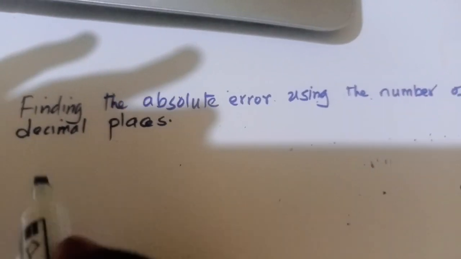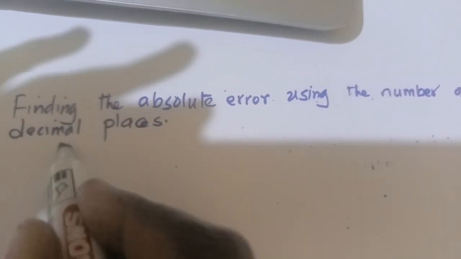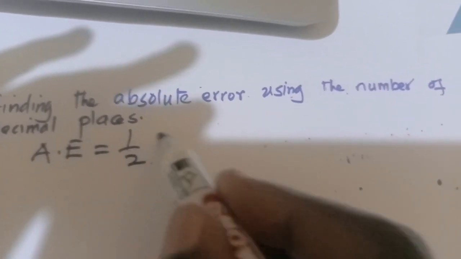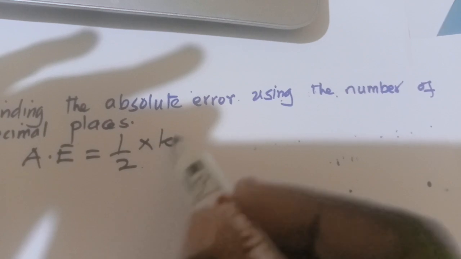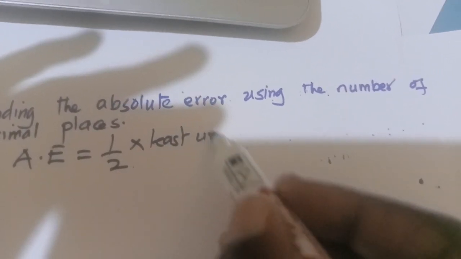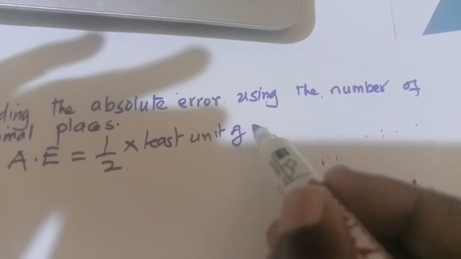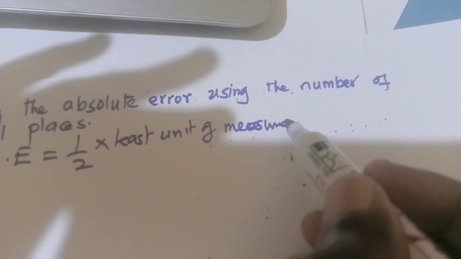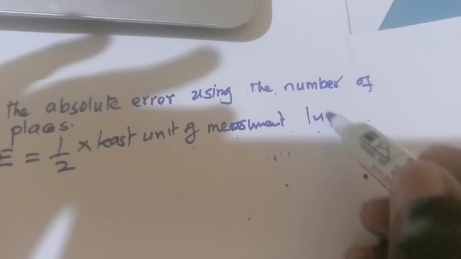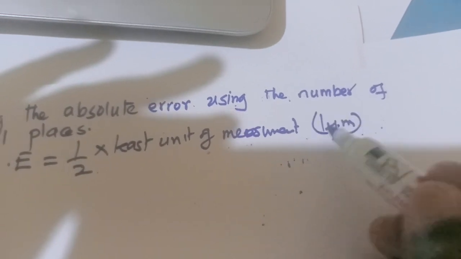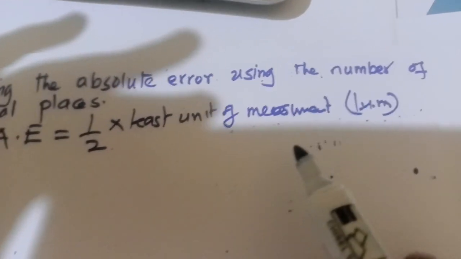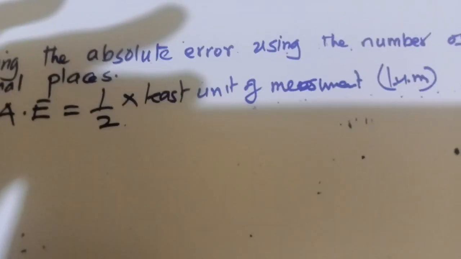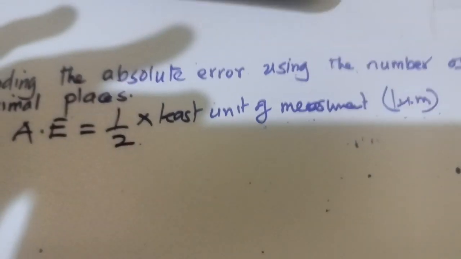Now by definition, the absolute error, which we'll call AE, is given by a half of the least unit of measurement, which I'll call LUM. Now, what is the least unit of measurement? This is the smallest measurement that you can get from an instrument.